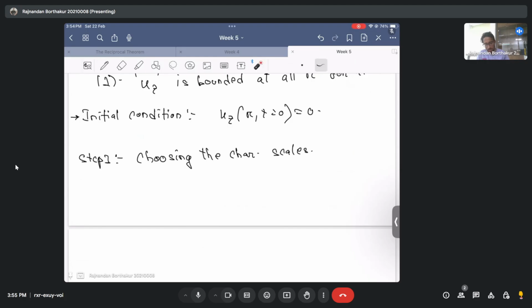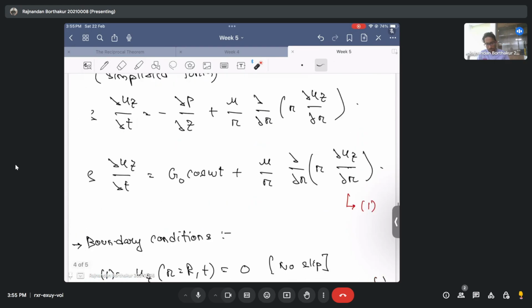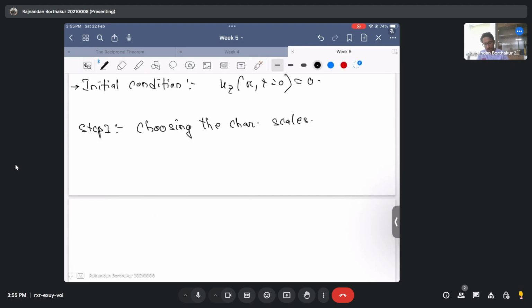I hope you now understand that in this problem, you have a distinct time scale, because you know at what frequency the applied pressure gradient works, which is just omega in this case, or 2 pi omega is the frequency. So, since the frequency is known, you have an imposed time scale of your problem.